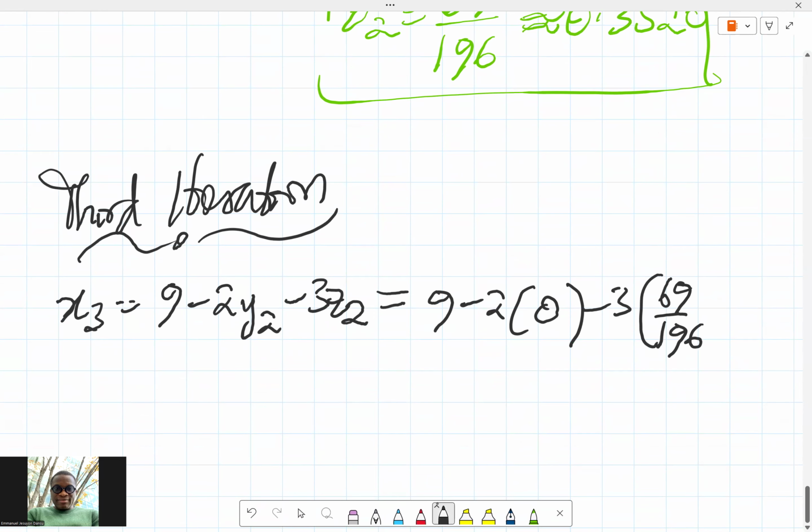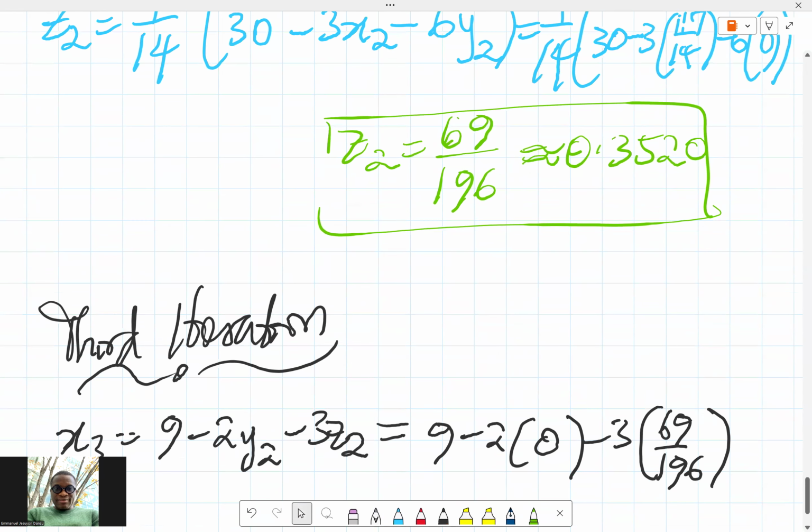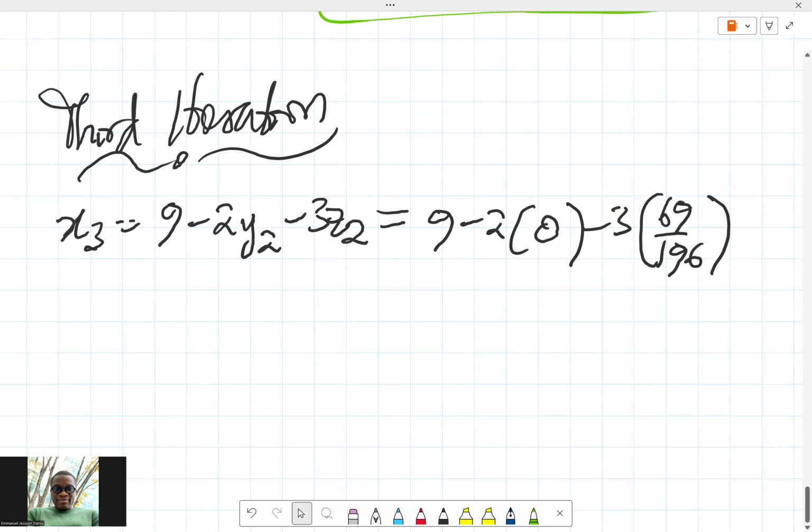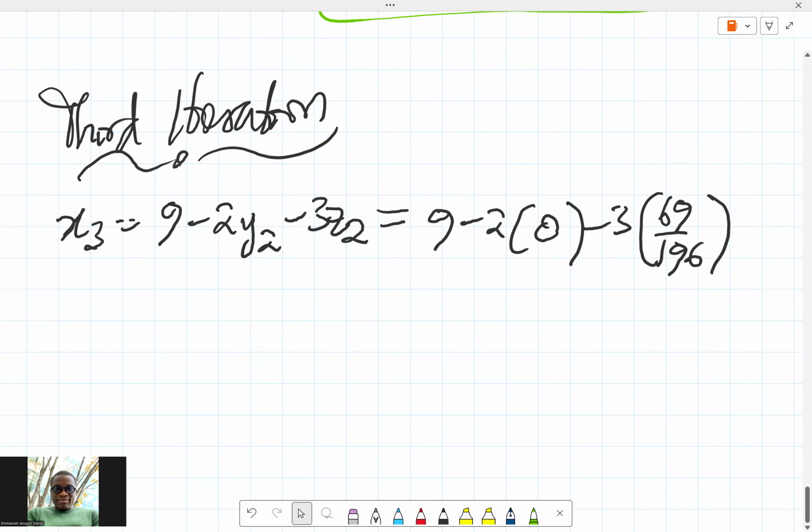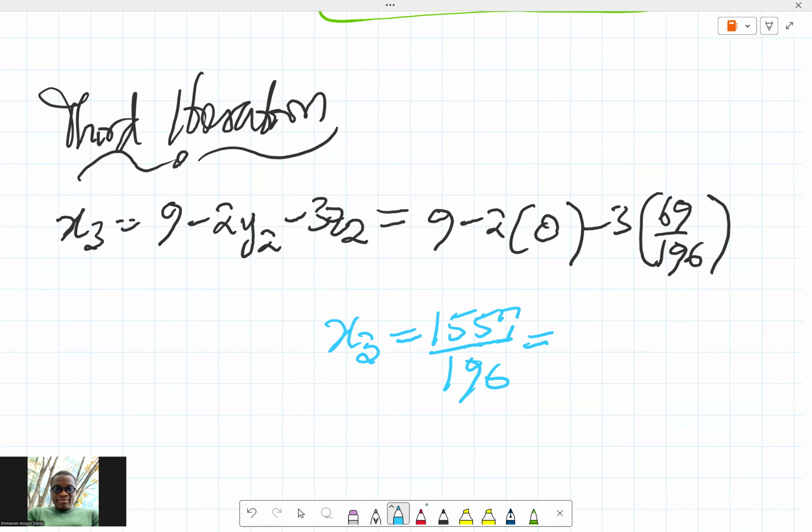Please feel free to use the decimal if you don't have a calculator that can handle fractions. So x3 is 1557 all over 196. You don't have to get this fraction. Just use your decimal if your calculator cannot handle this.